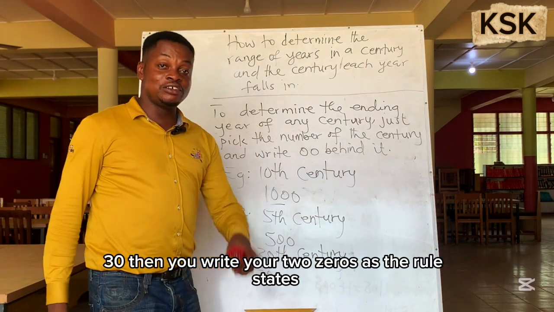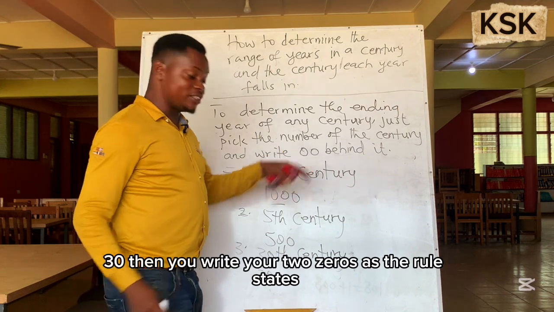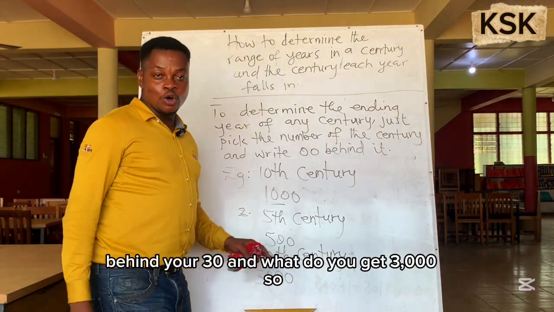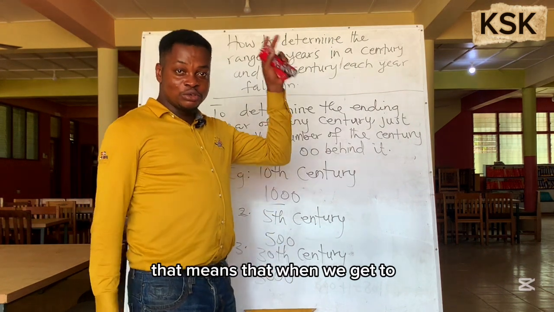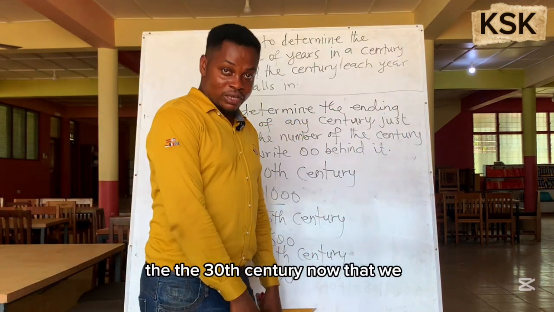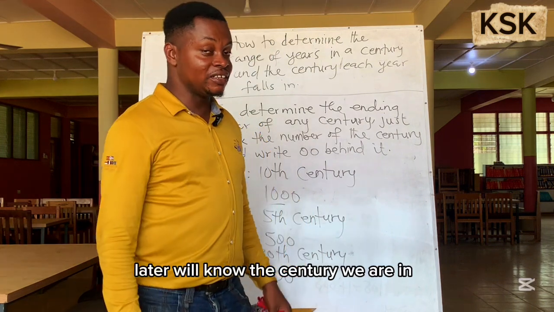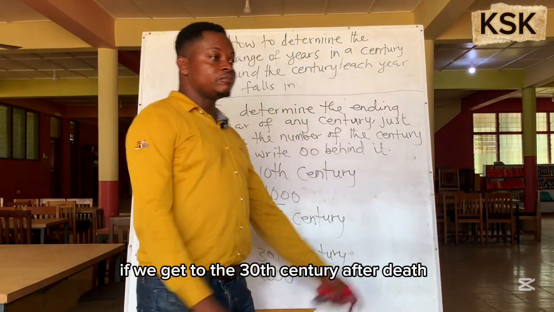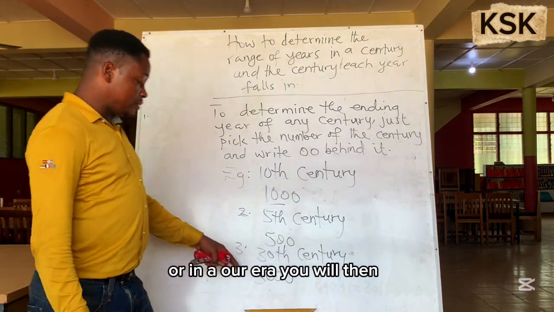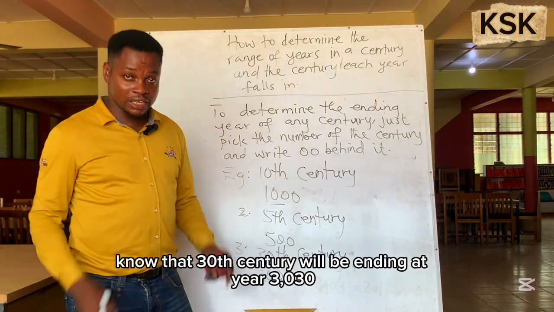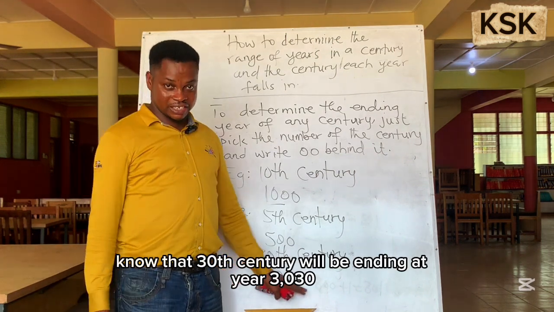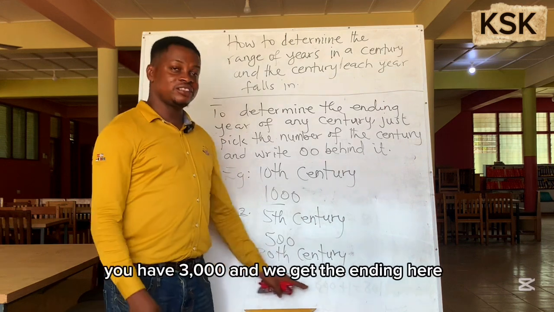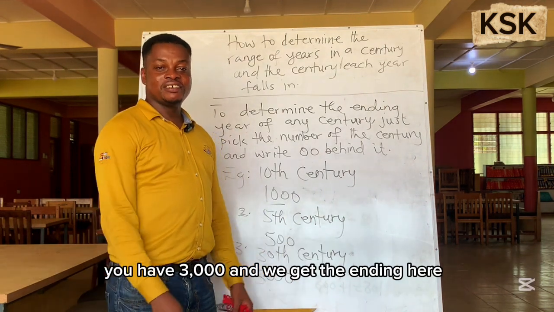Then you write your 2 zeros behind your 30, and what do you get? 3,000. So if we get to the 30th century in our era, we will know that it will end at year 3000. 30, then 2 zeros behind it, year 3000, and we get the ending year.